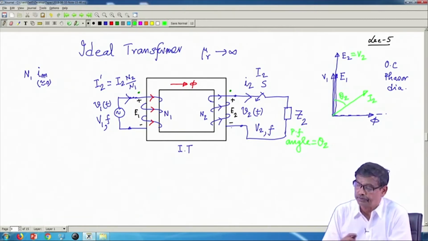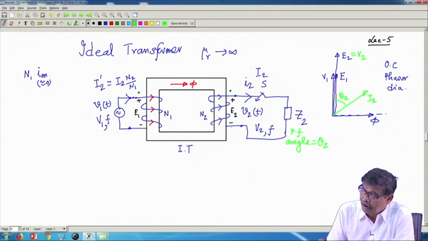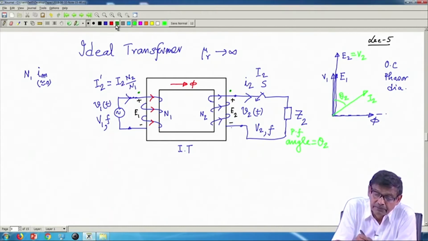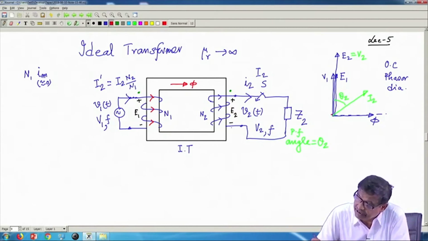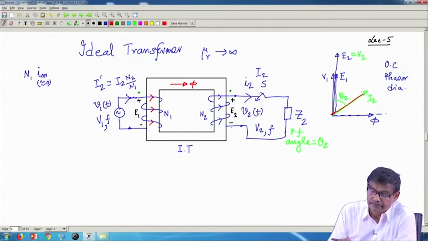So, this will be I2. And what will be the primary current? Primary current will be, let me use another color, in the same phase as I2, but its length will be different, because it is multiplied with the ratio N2 by N1.